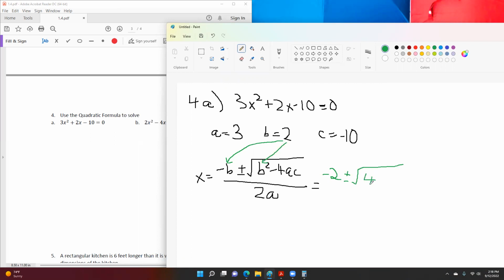So that will become 4 because 2 times 2 is 4. Minus 4 times A. A in this case will be 3. Plug 3 in here.